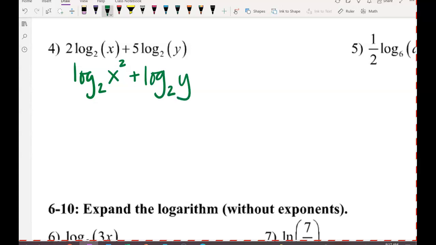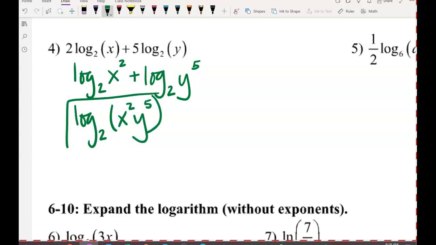Y to the power of what? 5. Perfect. Is that one single log? No. So how do we go from that to just 1 log? You multiply. Yep. Log base 2 of what? X squared times what? Y to the 5th. Is that now 1 log? Yep. Box it up, y'all.